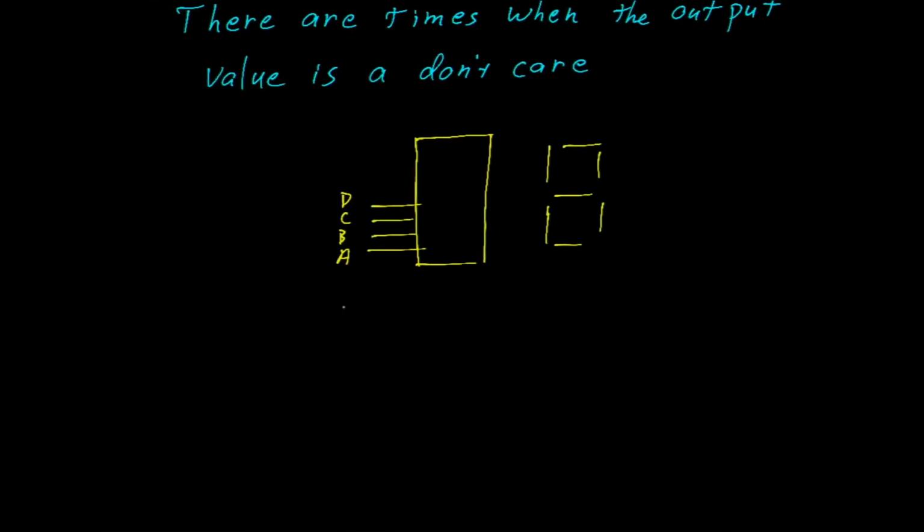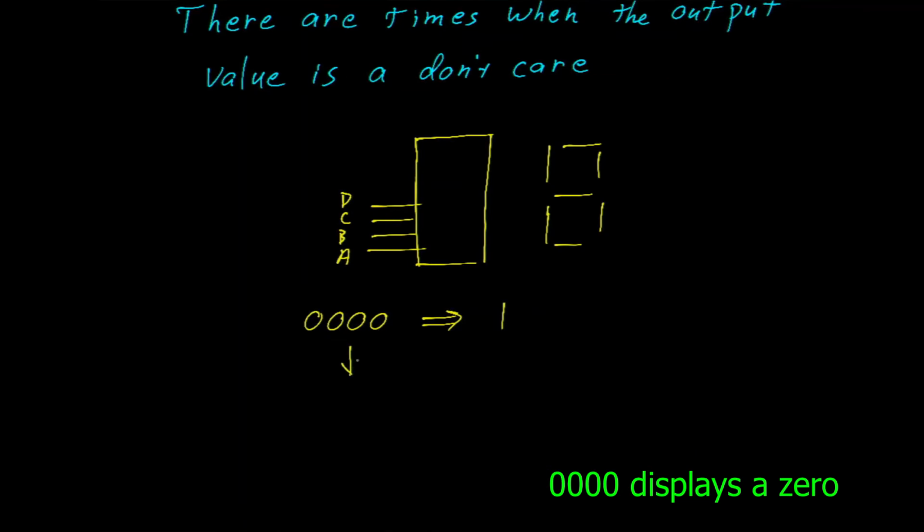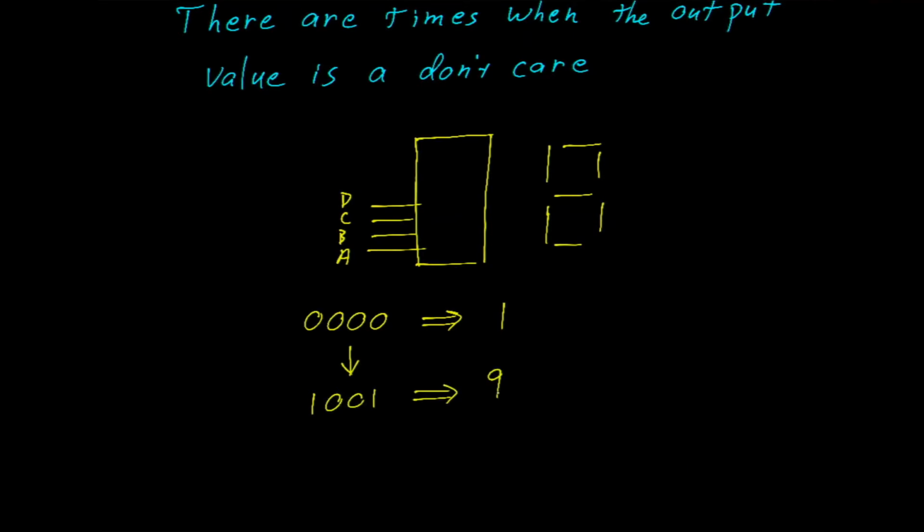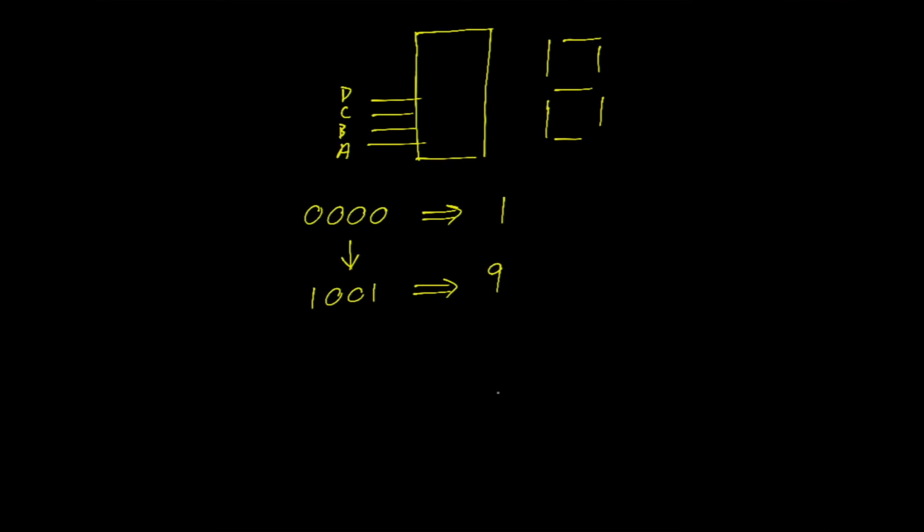For this particular example, let's assume that input 0000 equates to the numeral 1, all the way down to input 1001, which will equate to the numeral 9. And for our purposes, we will not define anything higher. So A to F are don't cares.